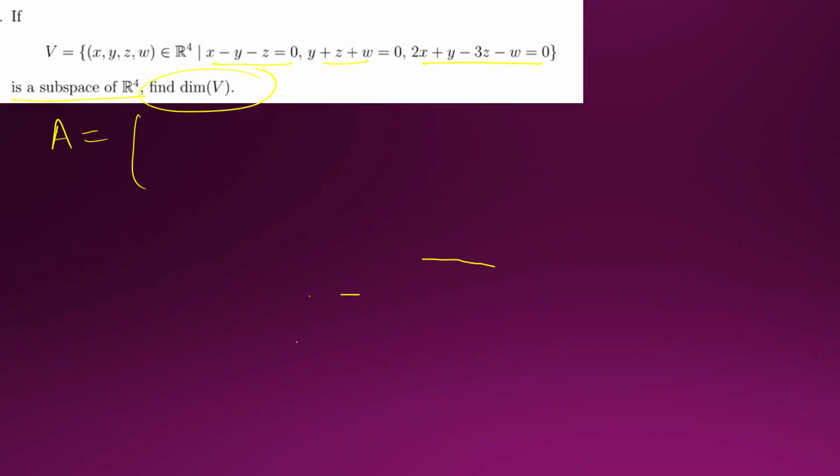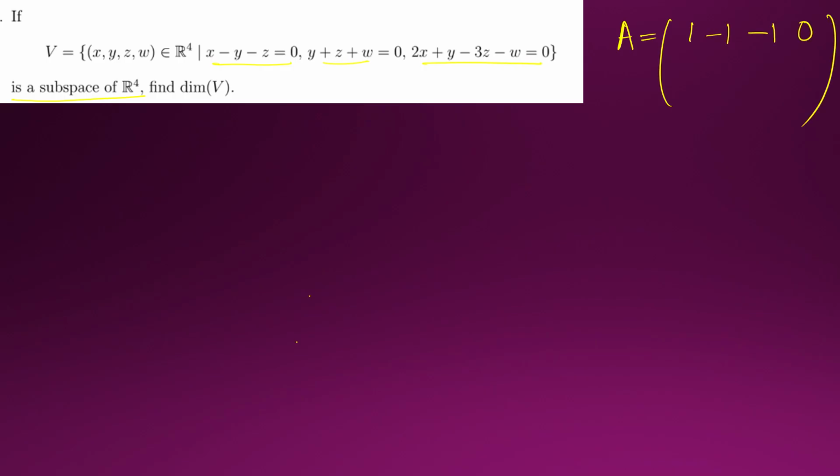Put them horizontally. I'll write it in a neater way. A is equal to 1, minus 1, minus 1, 0, 0, 1, 1, 1, then 2, 1, minus 3, and minus 1.